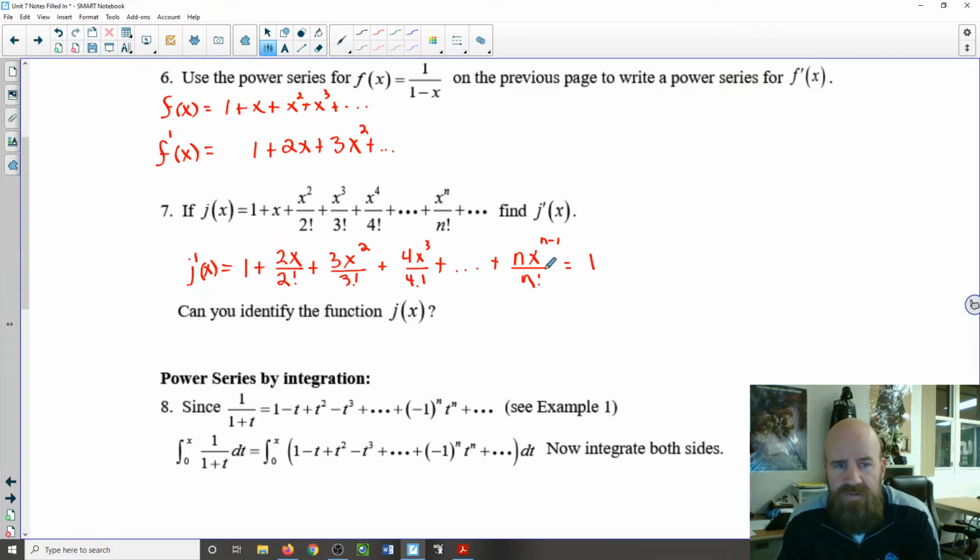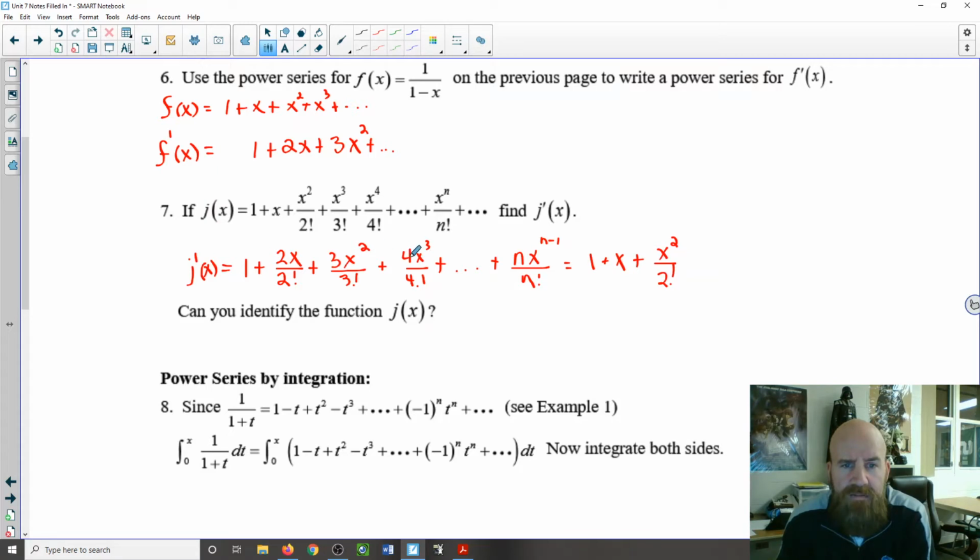So 1 stays, 2 over 2 factorial. Well, 2 factorial is 2, so that would just turn into x. And then the 3 over 3 factorial, we know 3 factorial is 3 times 2 times 1. If we cancel the 3s, then it's just 1 times 2, so that's going to be 2 factorial. So we end up with x squared over 2 factorial.